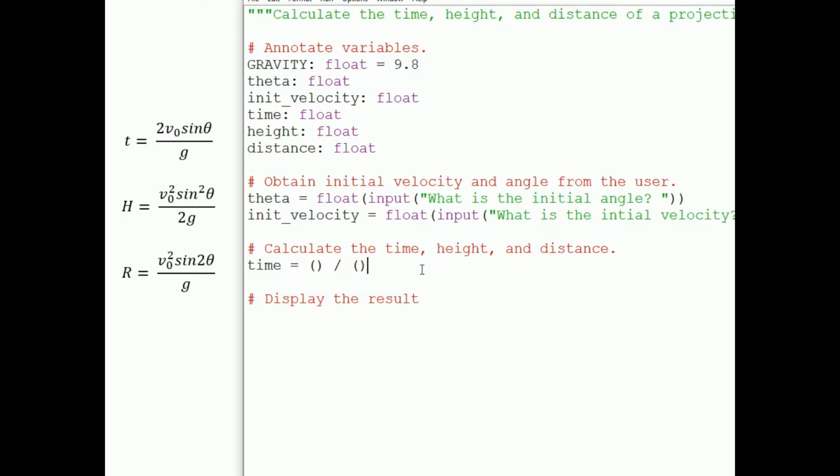Now, in the numerator, we have 2 v sub 0, or 2 times the initial velocity. So we must put an asterisk between those to communicate multiplication to Python.